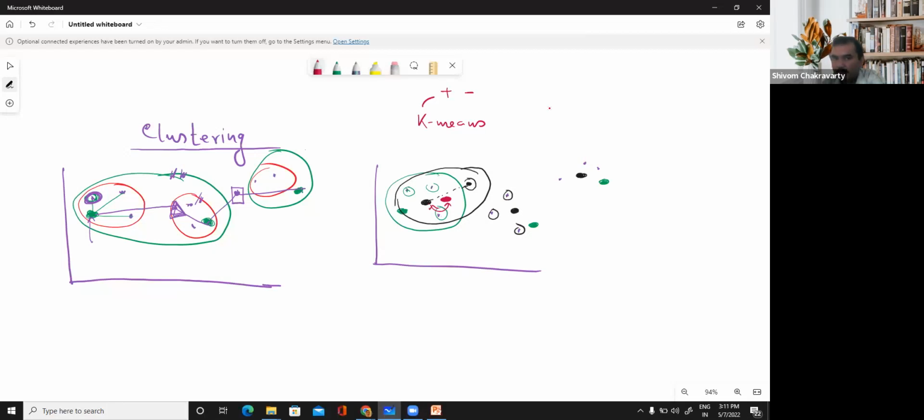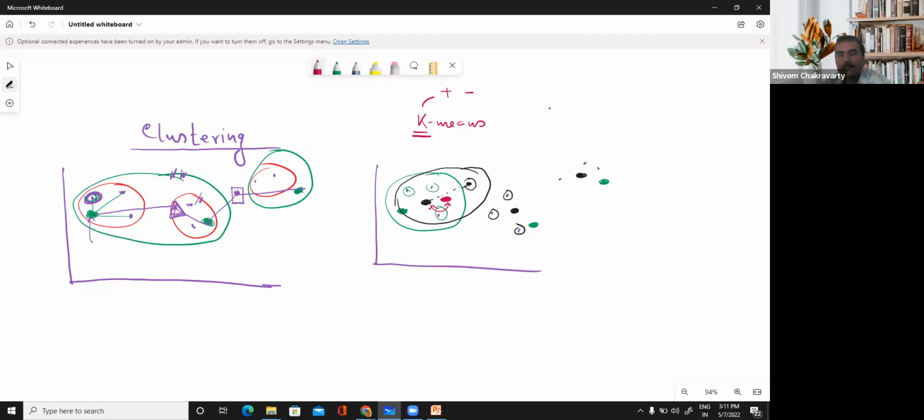When we arrive at a stabilized set of means, when the centroids or the midpoints do not move anymore, we know that we have chosen the right k, the right number of midpoints. So this is about clustering.